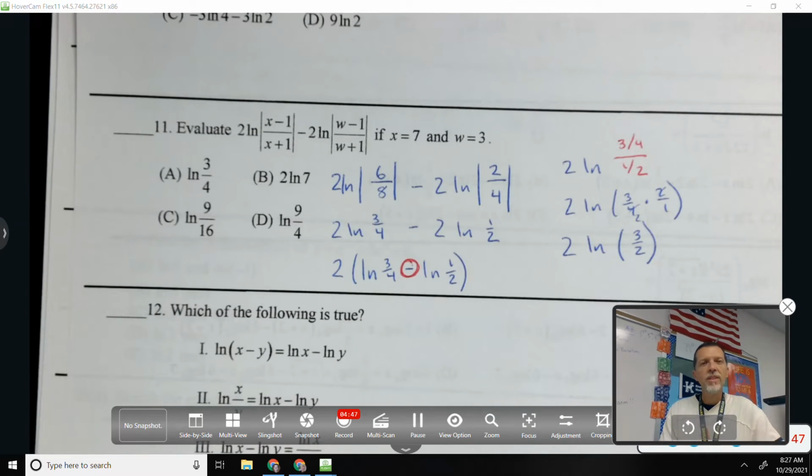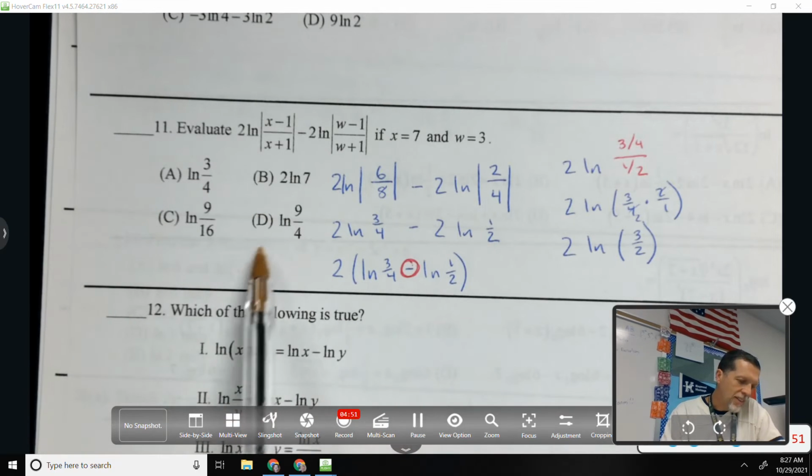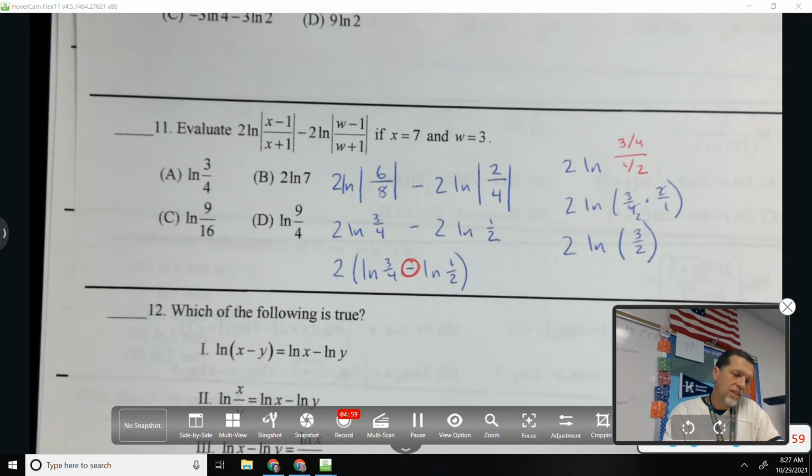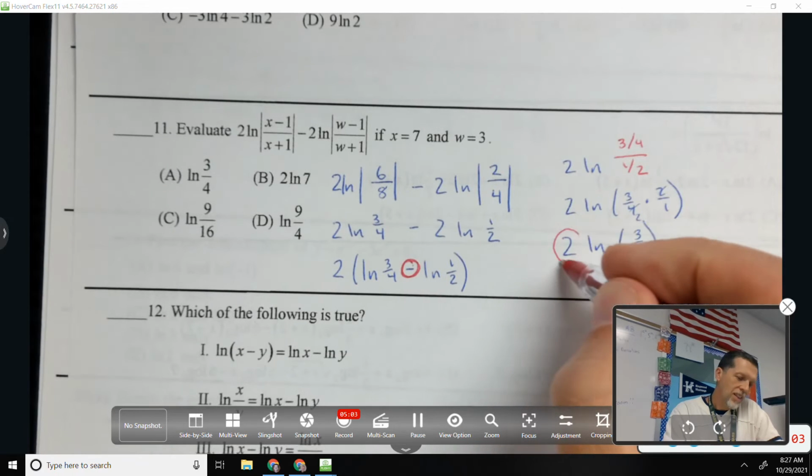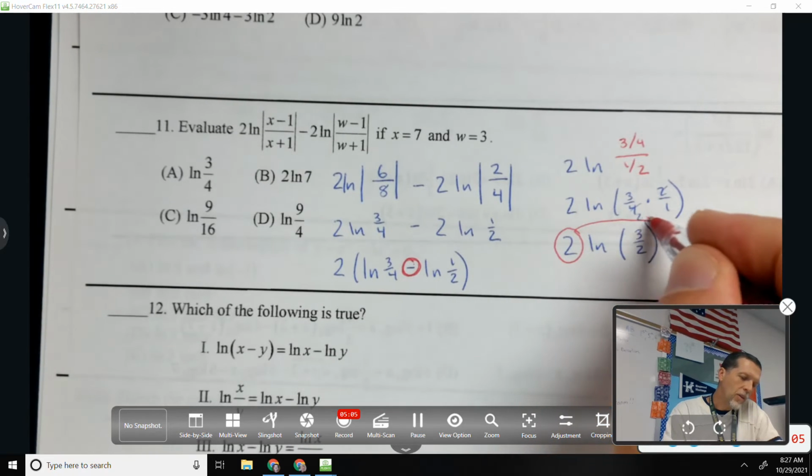Tons of algebra in this little section here. I'm looking at my answers. That's not an answer. Why can I square it? Because it's in parentheses. The 2 has to go all the way around. That 2 can go up as the exponent.